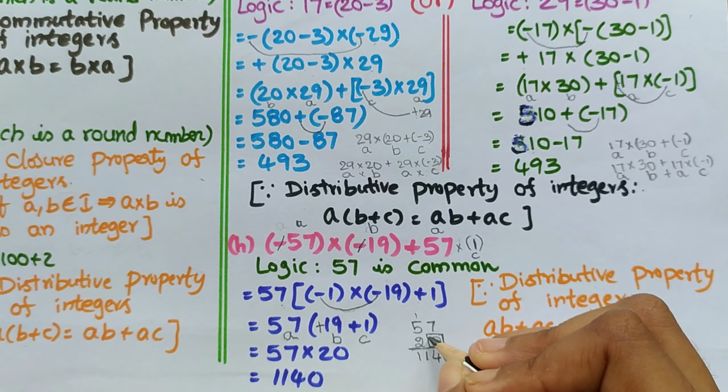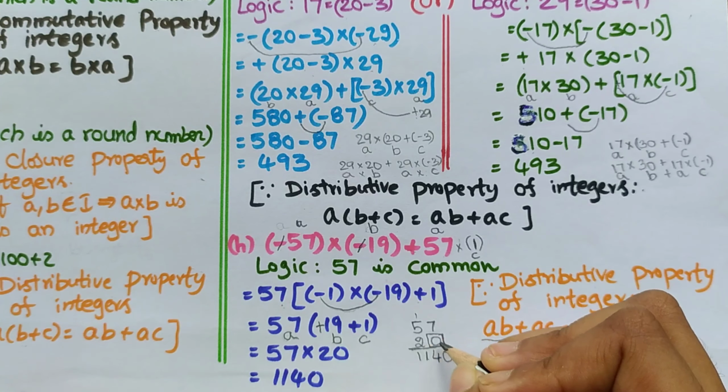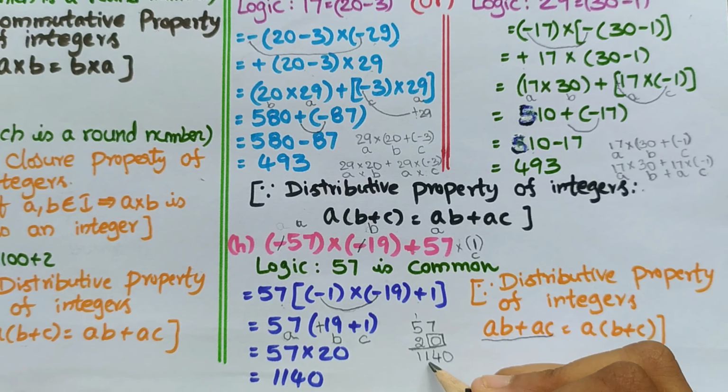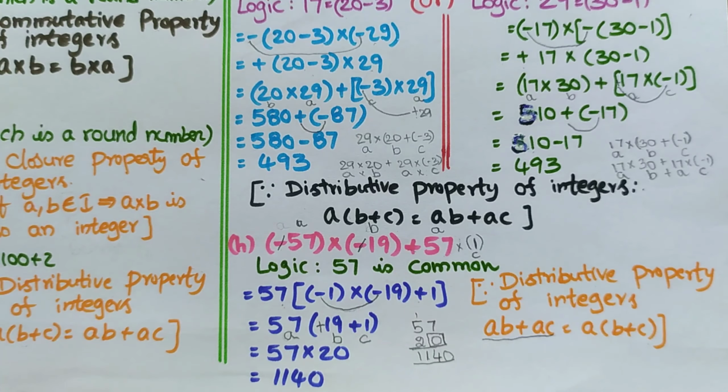Now we need not consider 0, and let us multiply 57 with 2, we get 114, and let us put the 0. So the answer is 1140. By using distributive property of integers, we get 1140. Is it clear friends?